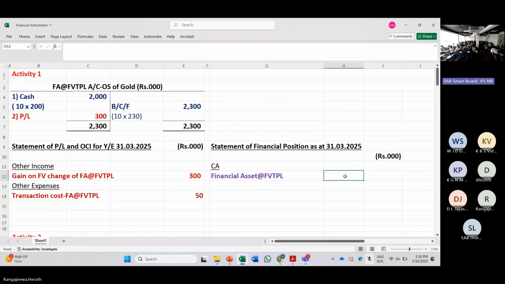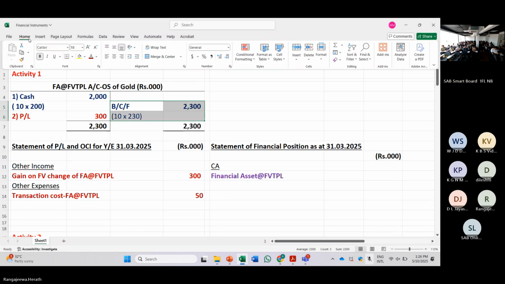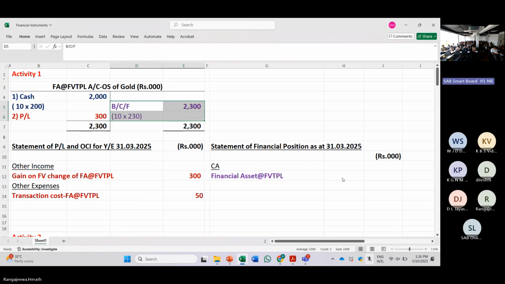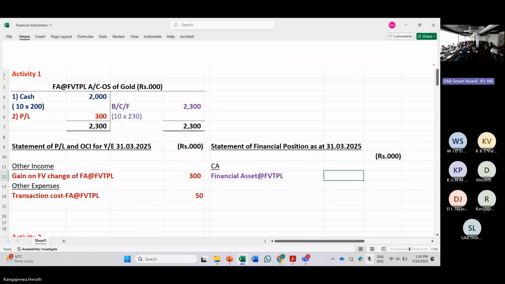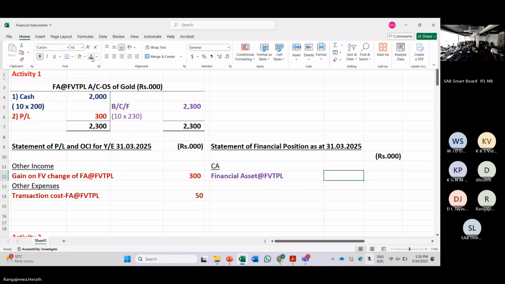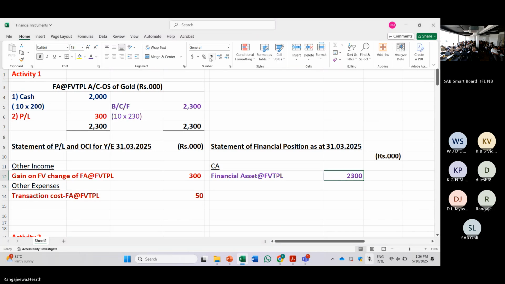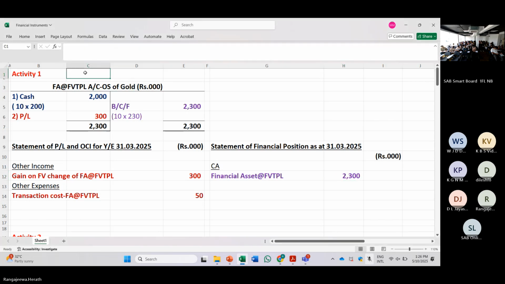And at the end of the year, you can record this carried forward balance, 2,300, in the current assets. So this is straightforward. Right?